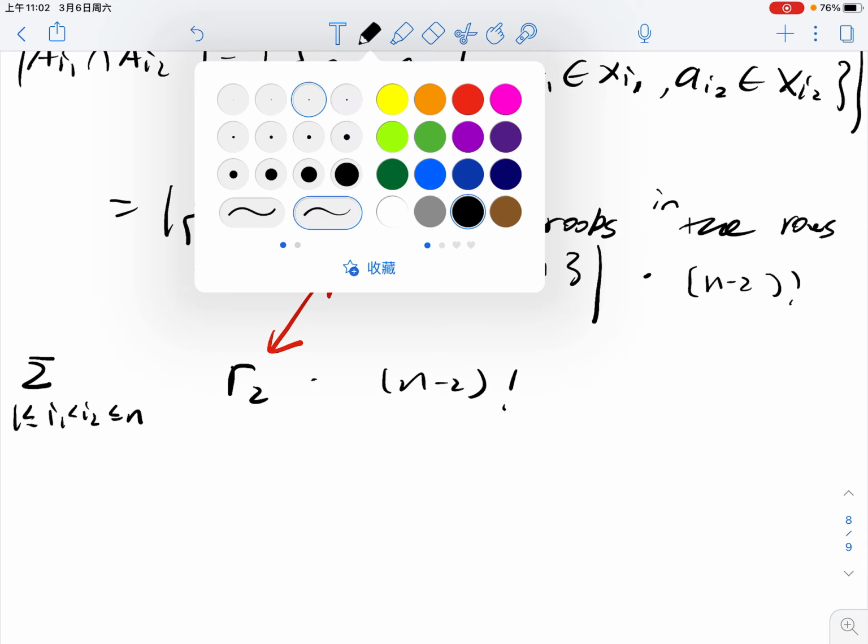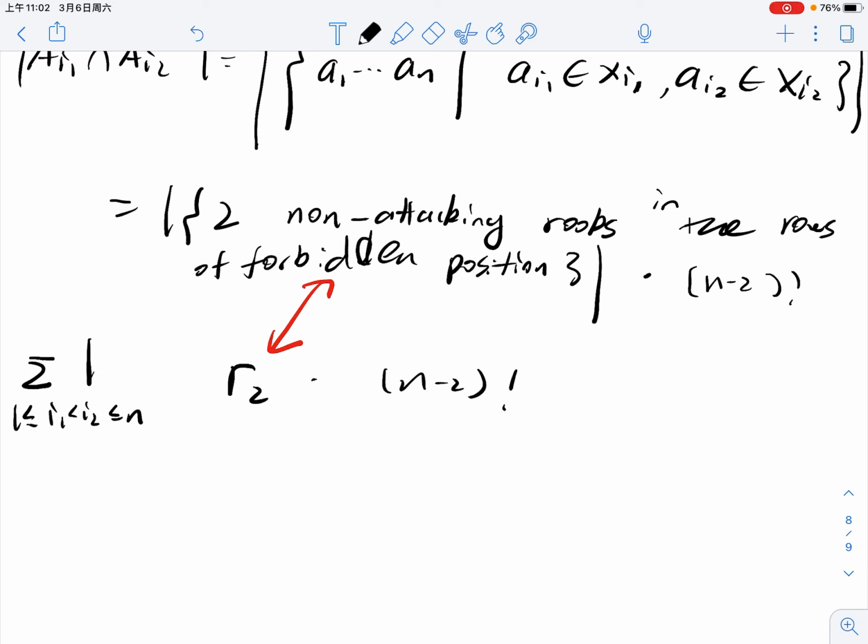But if you want a clear formula, you don't want the information of the column. So you can sum this up, since you have n minus 2 factorial as a common factor, so you can factor it out. This will be the summation of the first factors in front.